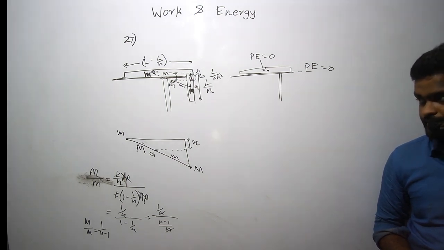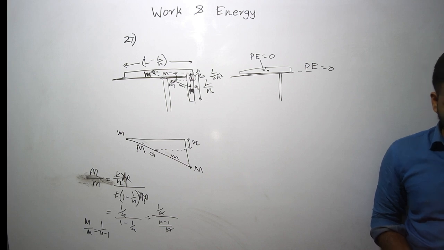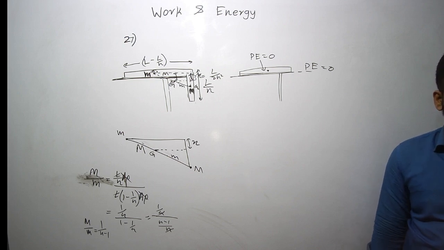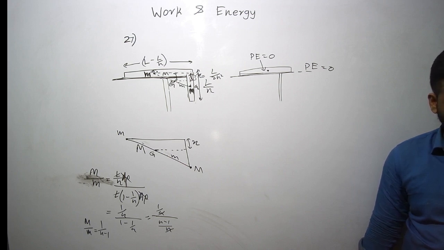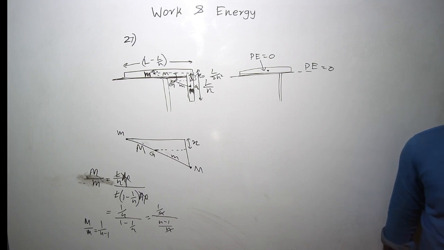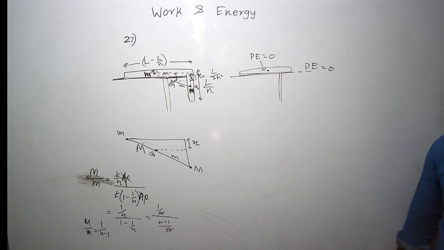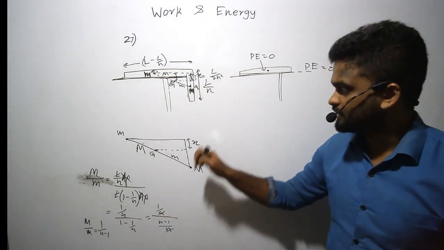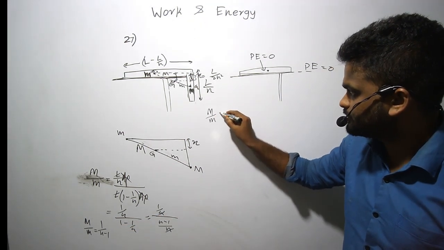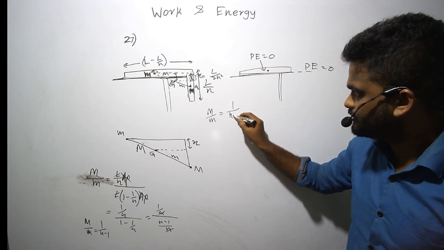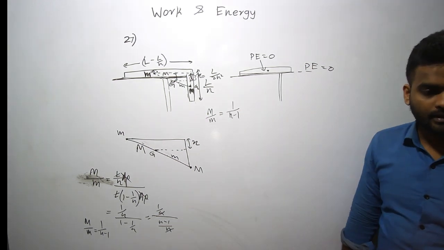Okay, take it down. Right, so we found that. That is the first step: capital M over simple M is 1 over N minus 1.